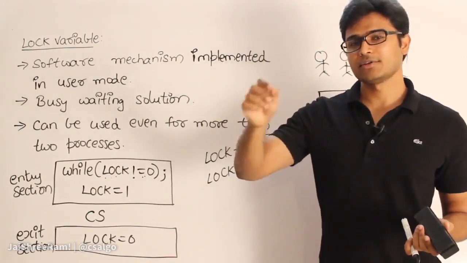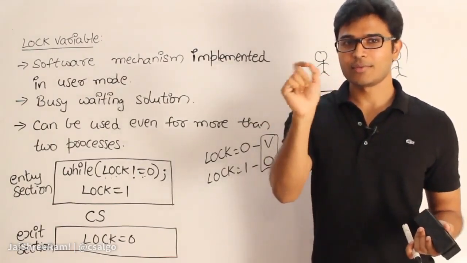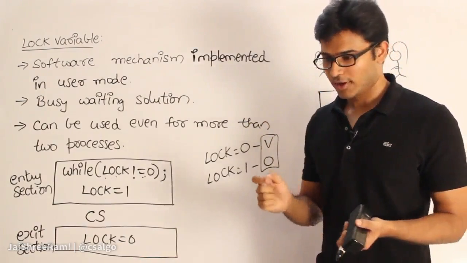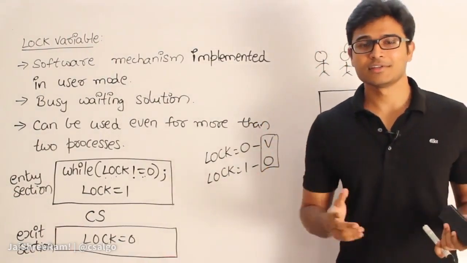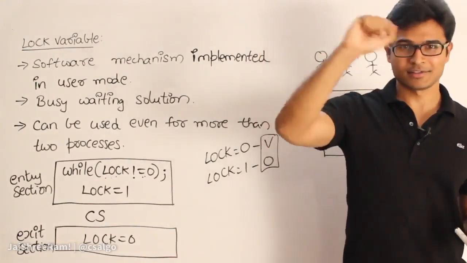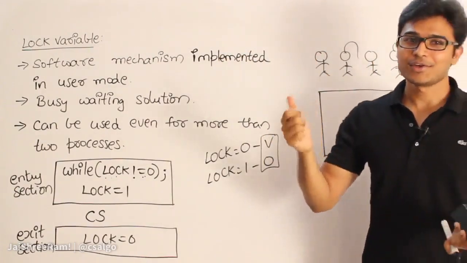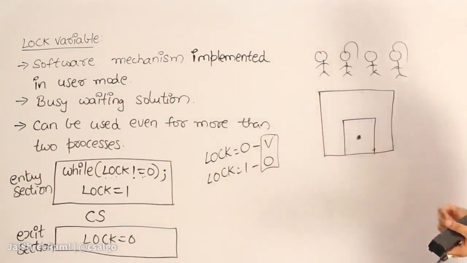If someone comes out, it will show that it is vacant, right? And sometimes there will not be any lock on the knob. Maybe you can think of it as the dressing room in a Zara showroom. If you have seen the Zara showroom, they don't have any locks, they just have a curtain, right? You can think of it that way. So anyone can enter the dressing room while you are inside, right? So now see what happens here.